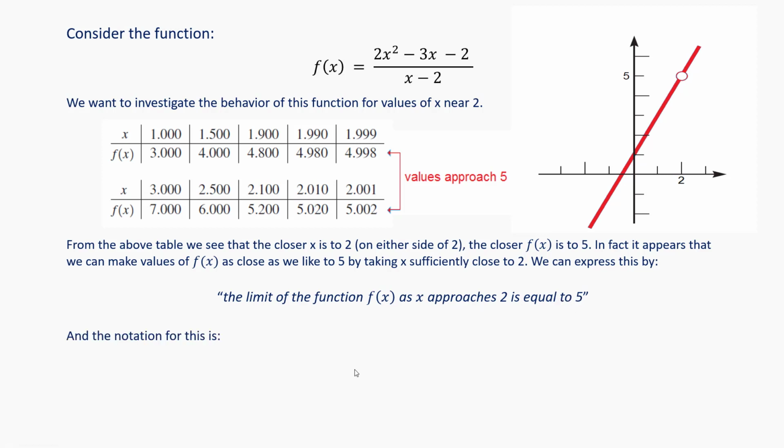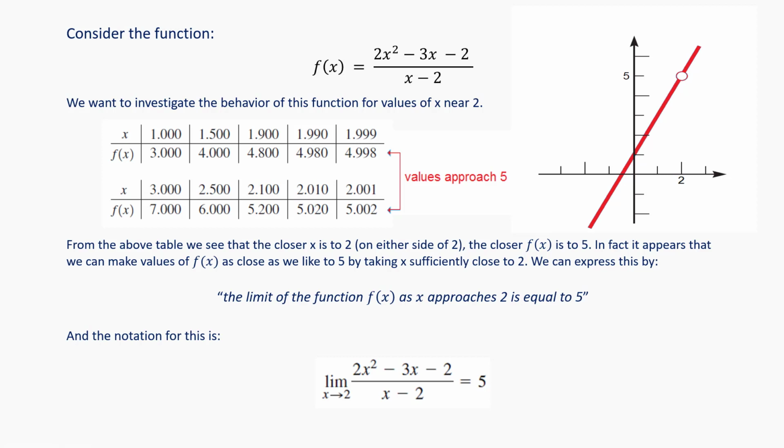The notation for this in limit form is: limit of x squared minus 3x minus 2 over x minus 2 as x approaches 2 is equal to 5. Again, note how I read this notation: limit of our function x squared minus 3x minus 2 over x minus 2 as x approaches 2 is equal to 5.